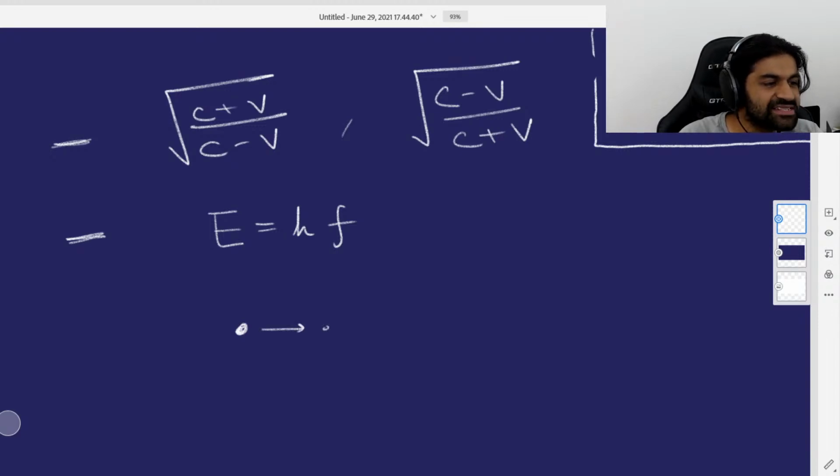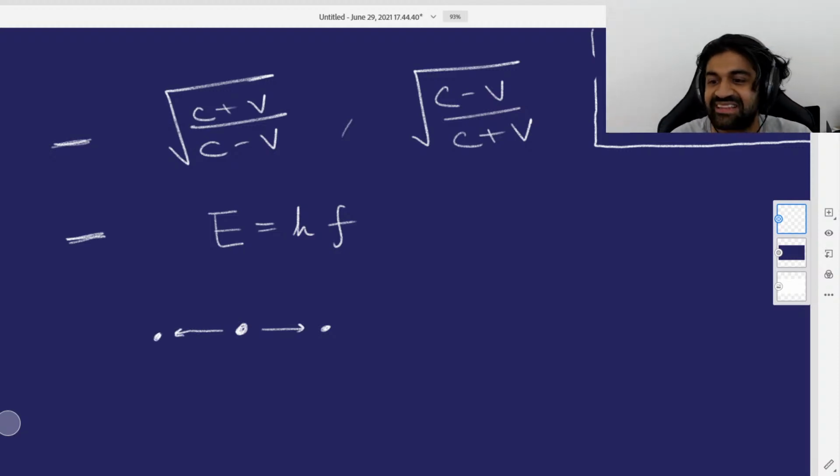Let's say one is going this way and the other is going the other way. I know for a fact this is not the correct notation or anything like that, but let's just continue with this. So you have some mass and it disintegrates into two photons. One goes one way, one goes the other way. And you, the observer, are maybe looking at it. Okay?